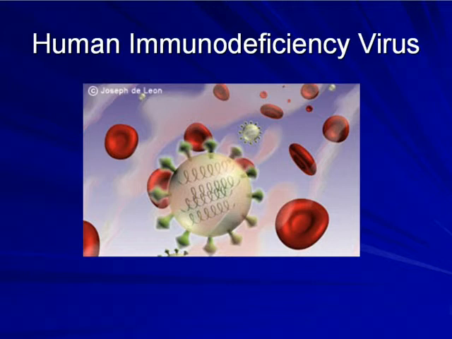You should know the enzyme that's responsible for converting the RNA of HIV into DNA. You should also know what the process of integration means as it relates to the HIV virus. You should also know the factors that strongly influence the virulence of the HIV virus.